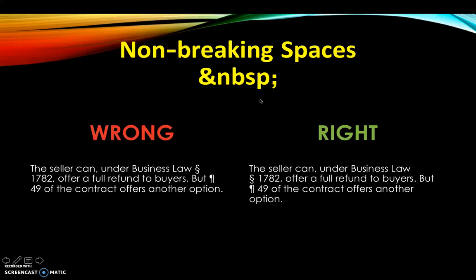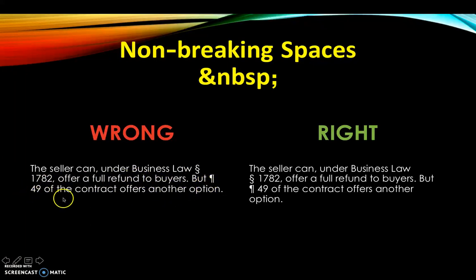However, that is not the primary purpose for this entity. It was designed to keep words together in a sentence that might get separated by text wrapping. For example, this paragraph on the left. The seller can, under business law subsections 1782, offer a full refund to buyers.